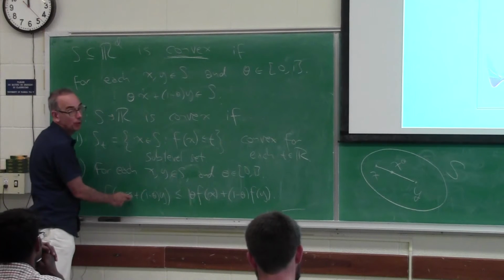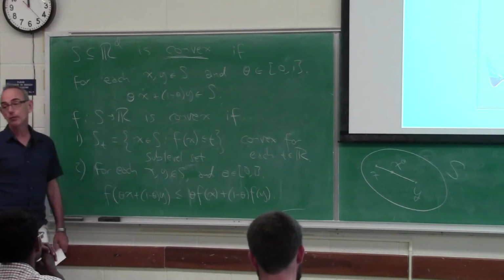So f at the intermediate point is less than the convex combination of the values at the endpoints.